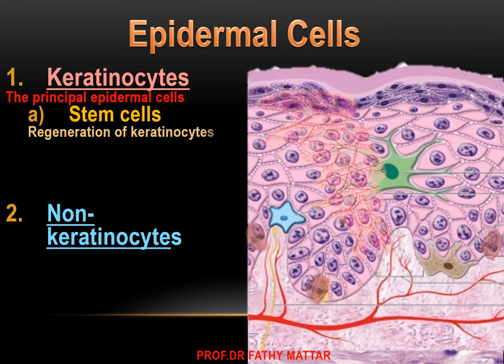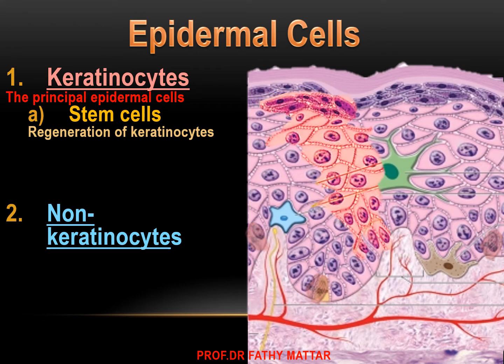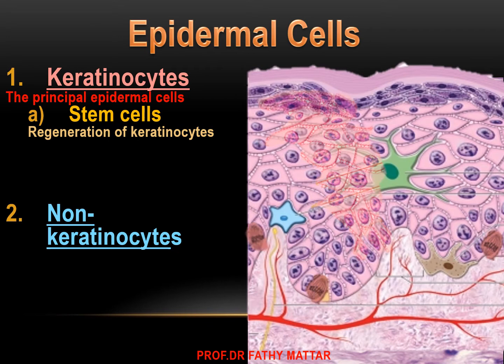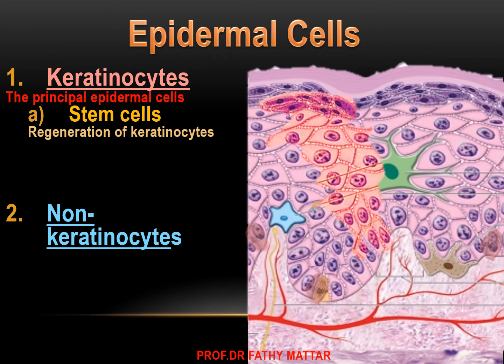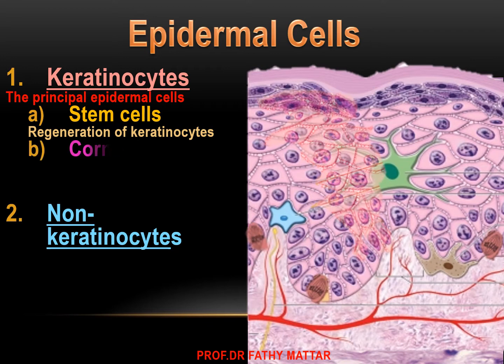The keratinocytes have keratinocyte stem cells or epidermal stem cells, which are regenerating keratinocytes, continuously dividing to regenerate all the keratinocytes of the epidermis, and they are found in the basal layer.